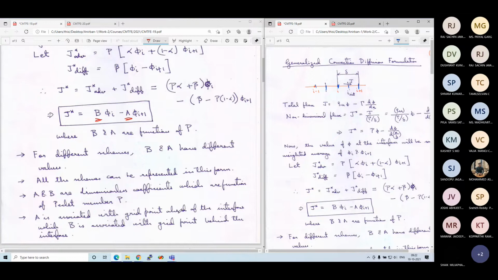So A is associated with the grid point ahead of the interface and B is associated with the grid point behind the interface. How do you define ahead and behind? Not in terms of flow, but in terms of the coordinate axis. If this is the positive direction of the coordinate axis, then this is behind and this is ahead. If the coordinate axis was like this, then this would be behind and this would be ahead. But this is our standard notation, so this is our x direction.